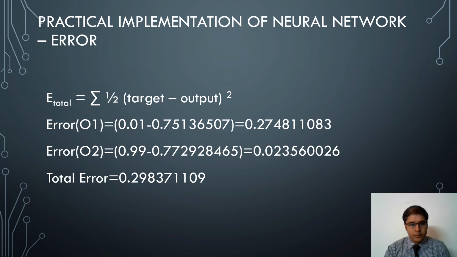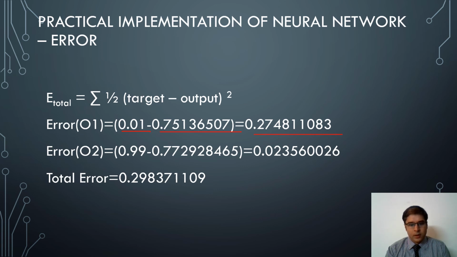Now moving forward, we calculate the error. Total error is the mean square error for the neural network, that is summation of half of target minus output whole square for each of the output nodes. So for the error for the O1 node, it will be 0.01, which was the required value, and 0.07 is the obtained value in the previous slide. So this will be the total error at node O1.